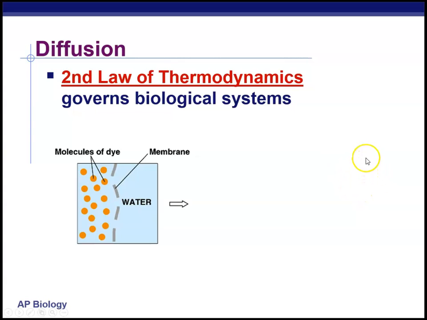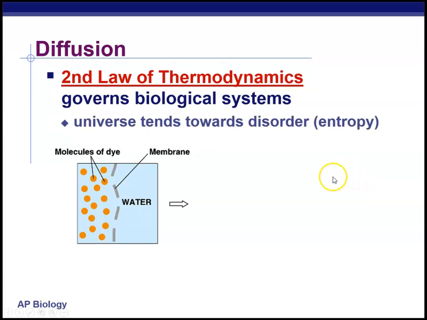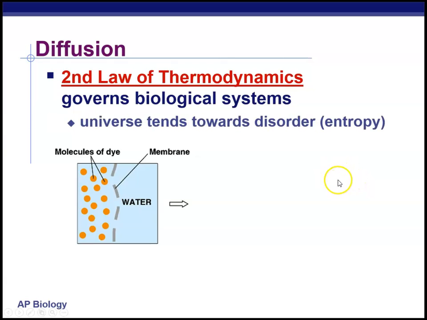So one of the ways that this happens is called diffusion. And the nice thing about diffusion is that it just works because of the second law of thermodynamics. The universe tends towards disorder, or what's called entropy. This is the second law of thermodynamics.